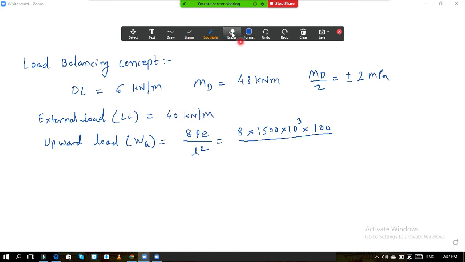So it is better for the calculation to take these values in kilonewton meter. So 8 into 1500 as it is, into E, the eccentricity, 100 mm, so 0.1 meter, divided by 8 square, so that you will get the value of the load. What is the value? It is 18.75 kilonewton per meter.